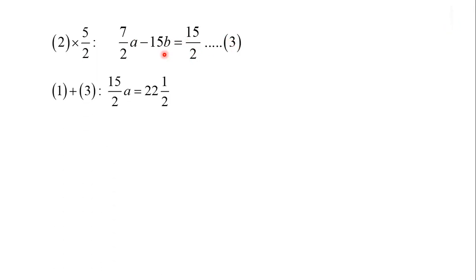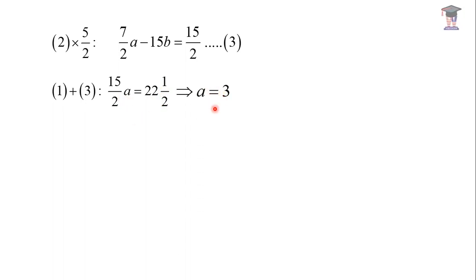I take the second equation multiplied by 5 over 2, because I intend to omit b. So I get a new equation, which I name 3. I take 3 plus 1, so I omit b.